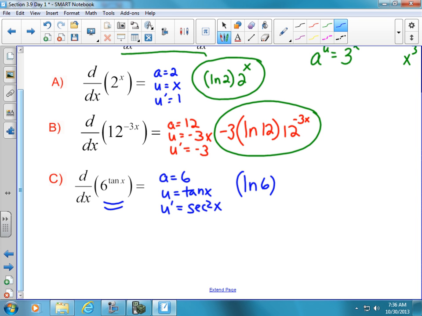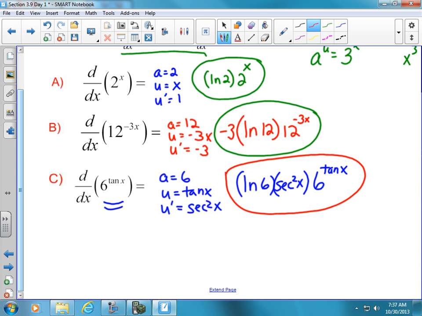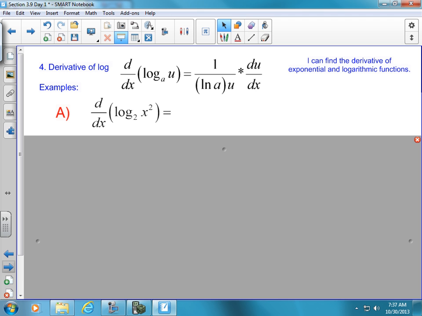Then you have 6 to the tangent x, and I'm going to write secant squared of x right in front of these. These are all multiplied together, so if you want to include parentheses like I did, that'll make sure no one messes up your angles and ln's and all that kind of stuff. All right, that is the second derivative equation.